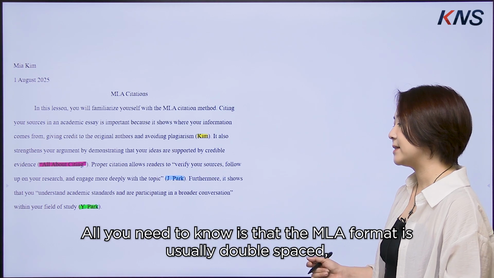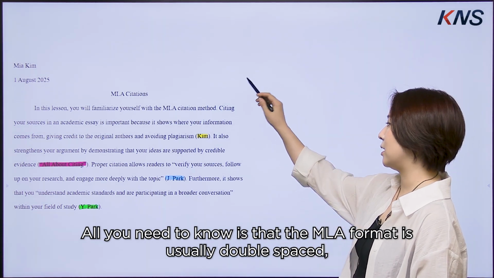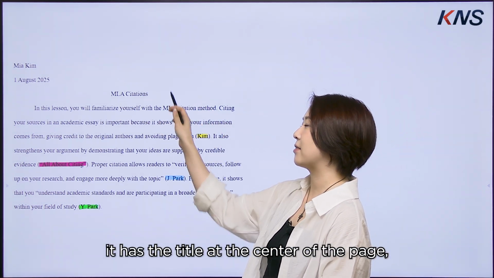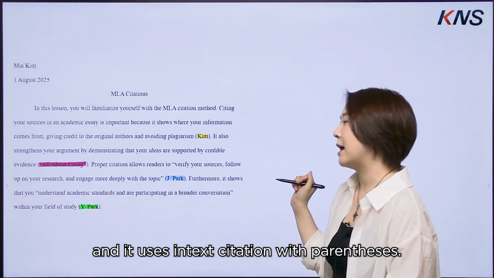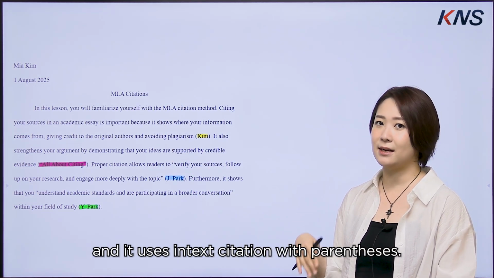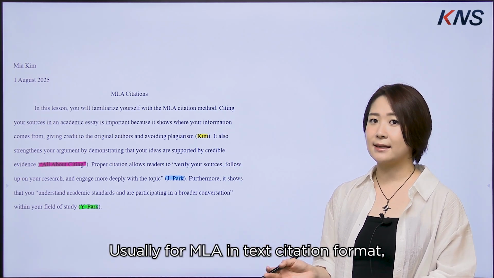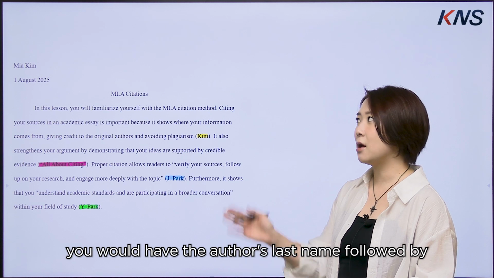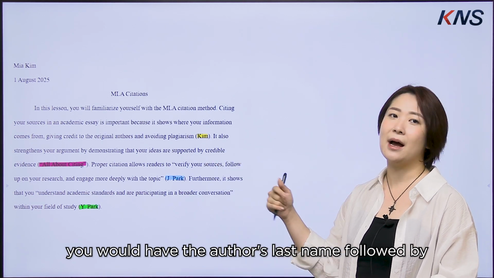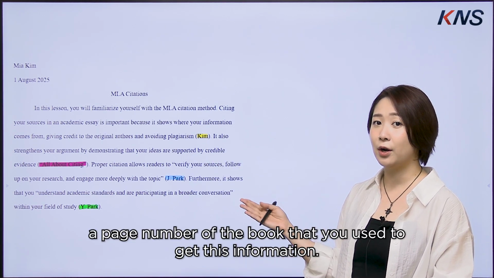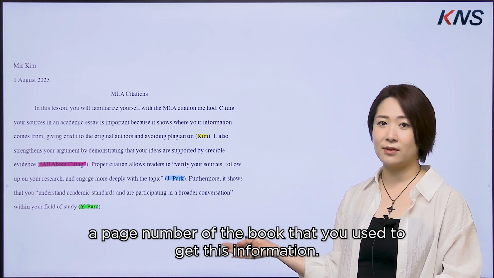All you need to know is that the MLA format is usually double spaced. It has the title at the center of the page, and it uses in-text citation with parentheses. Usually for MLA in-text citation format, you would have the author's last name followed by a page number of the book that you use to get this information.